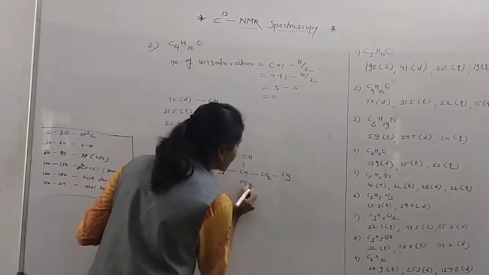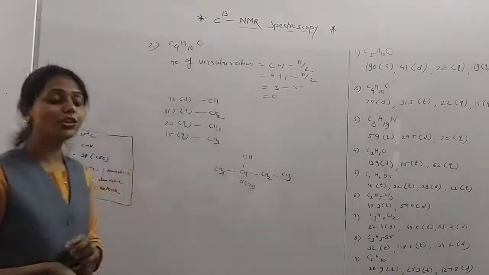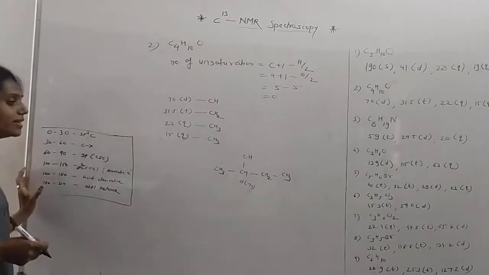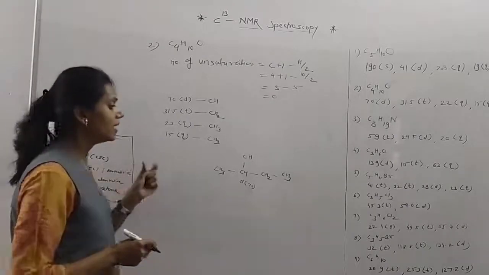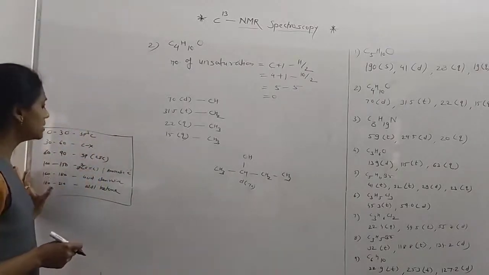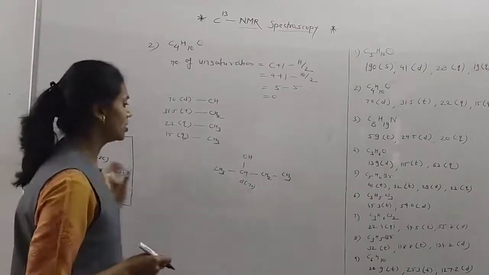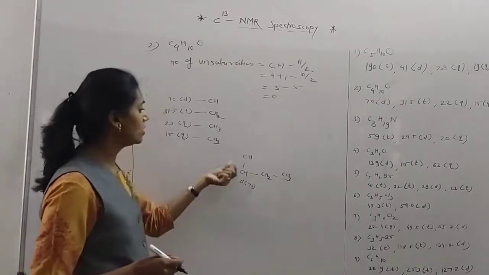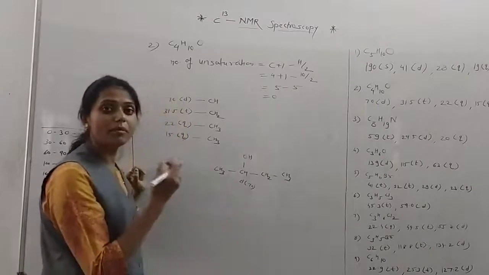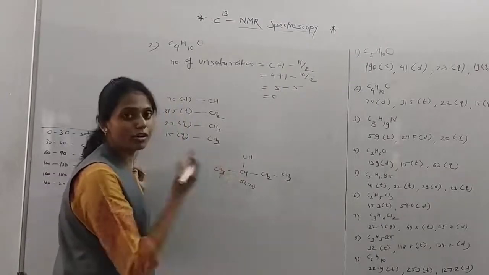I always tell you these values are approximate, an approximate region. It is not compulsory that the data is always between these values or this range. According to the environment, the value may go upfield or downfield.